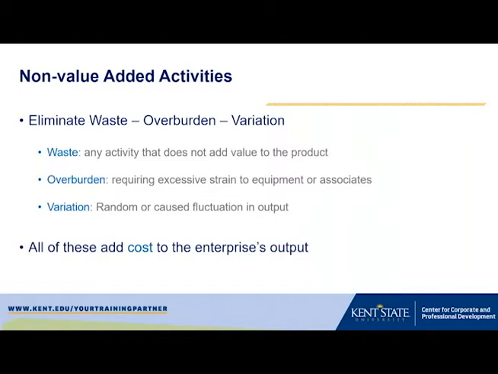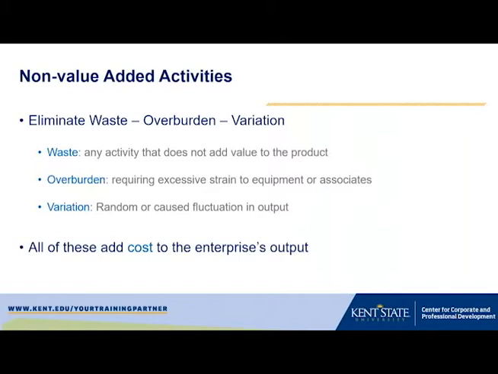And the third one is variation, or unevenness, as they call it. And variation adds noise. It creates an uncertainty in the outcomes. And when you have that difference in outcome or uncertainty, it requires that people make adjustments. And those adjustments take time. And that's time we can never get back.